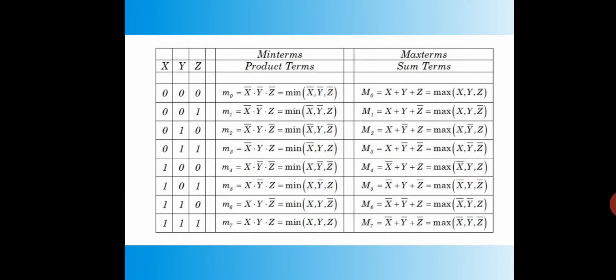If there are 3 inputs x, y, z, and all the inputs are 0, then m0 will be x dash dot y dash dot z dash for product terms, the min terms.